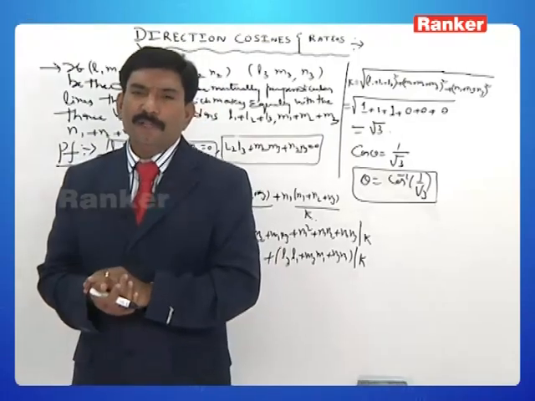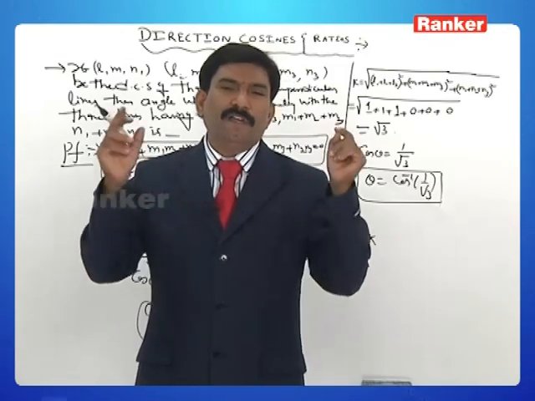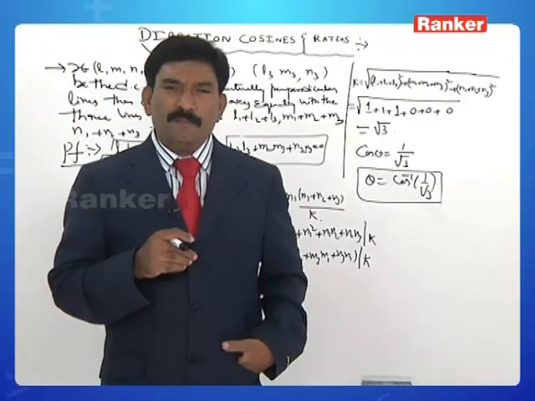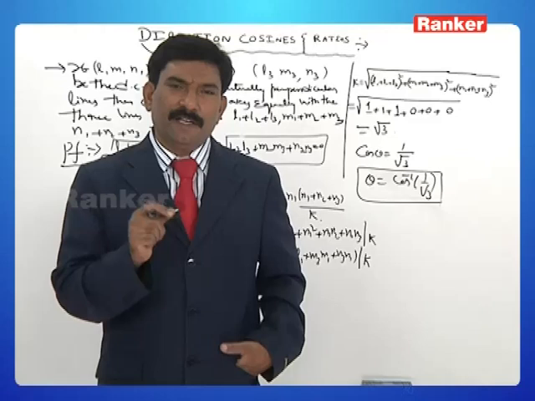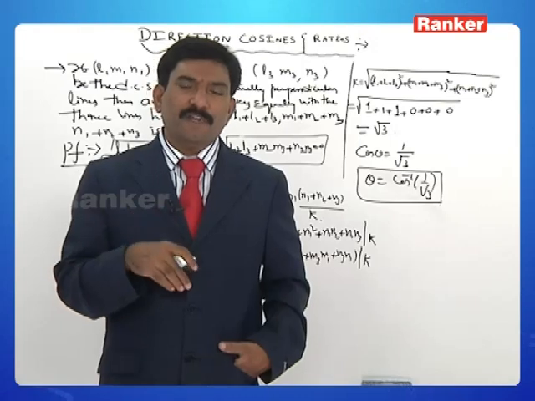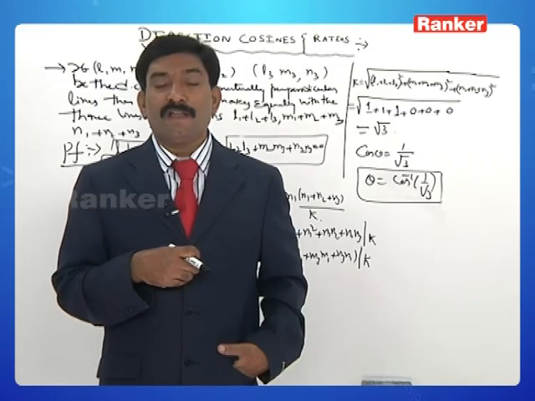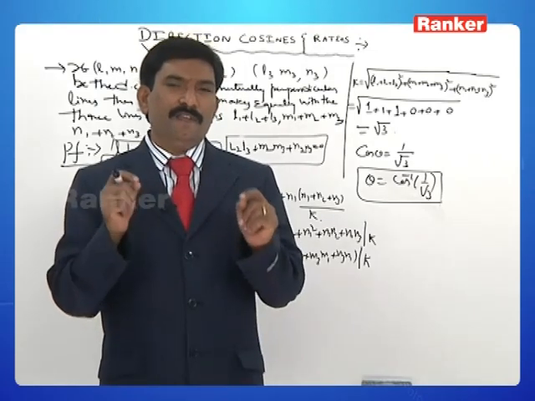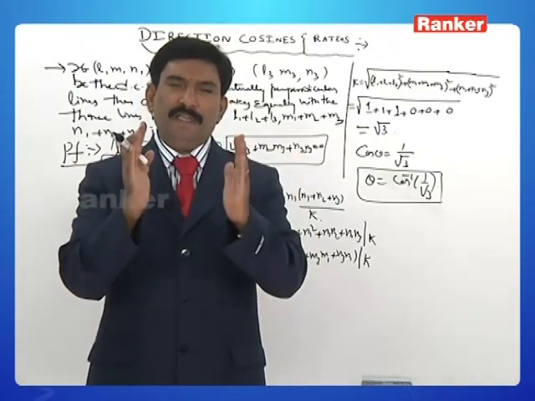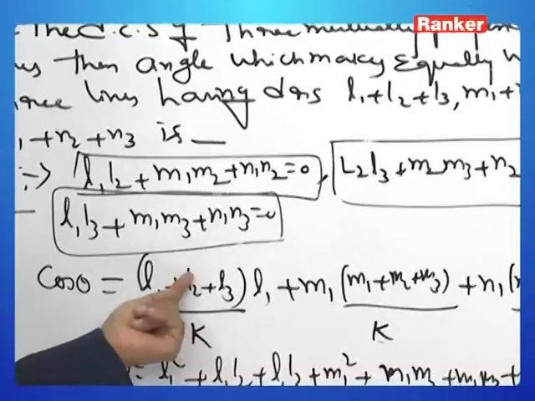So therefore, now whenever a line having the DRs L1 + L2 + L3, M1 + M2 + M3, next N1 + N2 + N3 as the DRs is making equal angle with three mutually perpendicular lines having the DCs L1, M1, N1, next L2, M2, N2, next L3, M3, N3, theta is equal to what? Cos inverse of 1 by root 3.